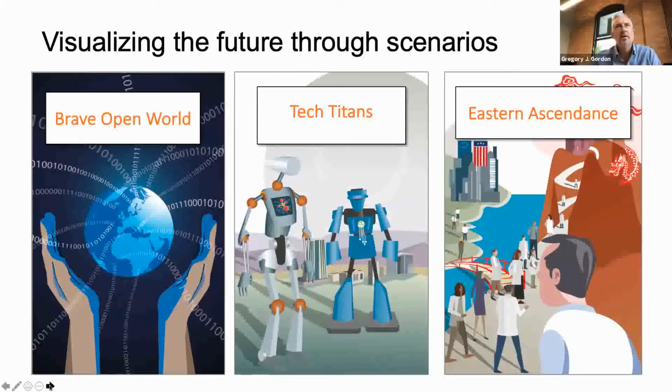So the 3 scenarios were a brave open world, tech titans and the influence of them on our scholarly landscape, and the Eastern Ascendance.